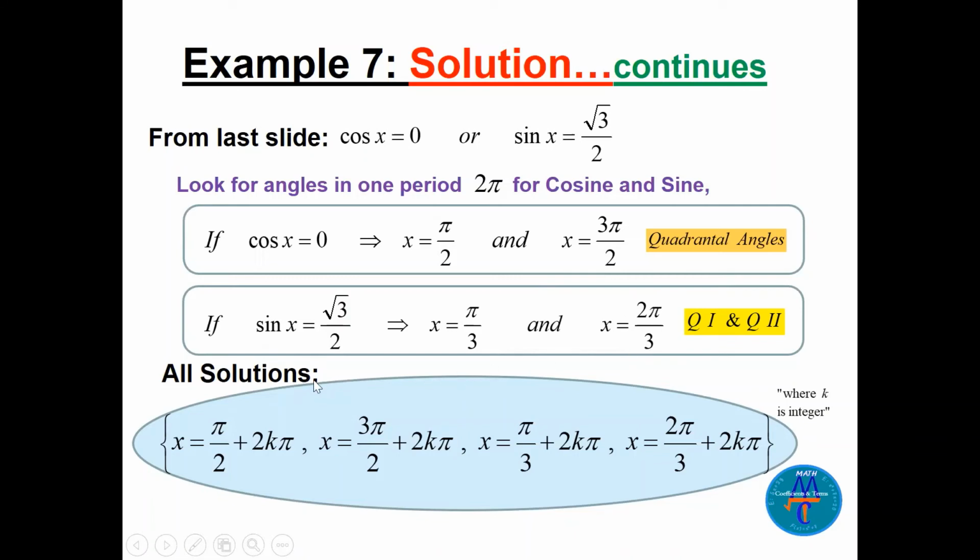Then we can write the general solutions. x equals pi over 2 plus 2k pi, and x equals 3 pi over 2 plus 2k pi, and x equals pi over 3 plus 2k pi, and x equals 2 pi over 3 plus 2k pi, where k is an integer.